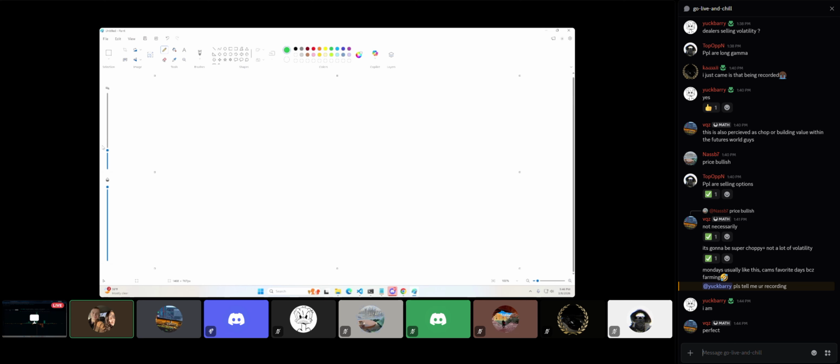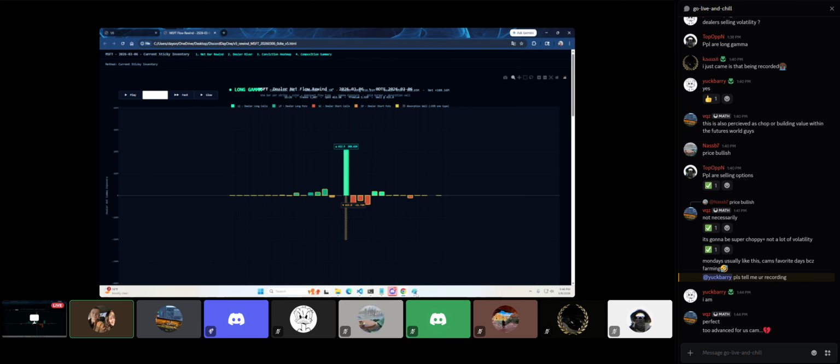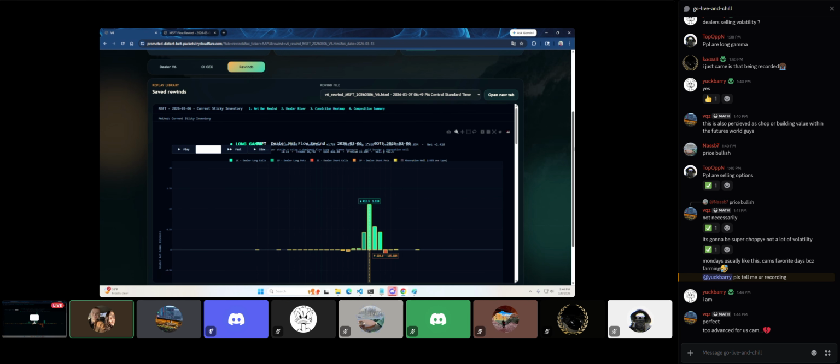That's how I determine on V6, a lot more effective at determining buying and selling of options. I'm going straight into the granular data instead of just using the bid-ask approach that a lot of services use, which does not quite get you the full picture of buying and selling options. So yeah, too advanced.